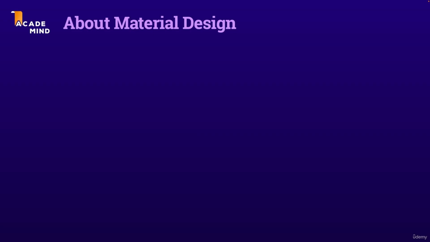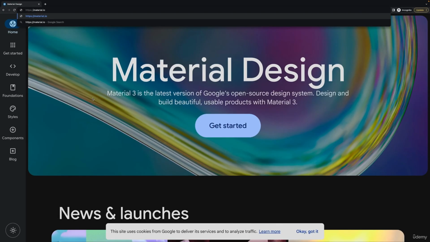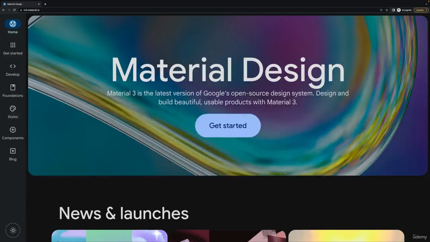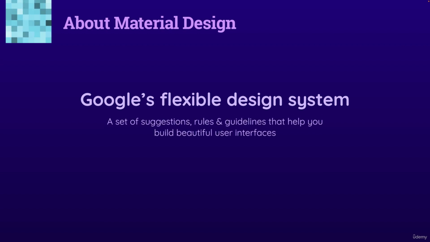Because Flutter apps by default use material design, which is Google's flexible design system. Now you can learn more about material design on material.io, which is the official webpage of the material design system and language. And in the end, this material design thing is simply a set of suggestions, rules, and guidelines established by Google that help you build beautiful user interfaces.